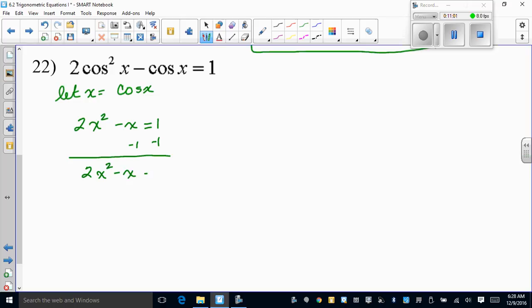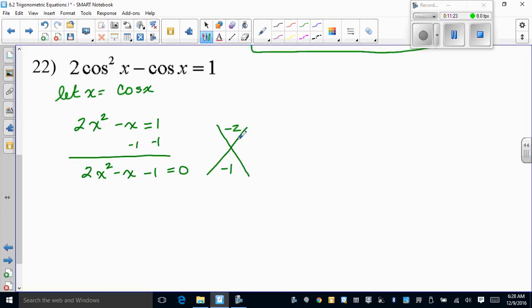And yes, you have to do the little factoring here. Most of you guys know this is the wagon wheel. I'm going to introduce you guys to Vincent's rule. Okay, 2 times -1, -2. This term in the middle goes here. I need factors of -2 that add up to -1. This guy is odd, so one's going to be positive, one's going to be negative.